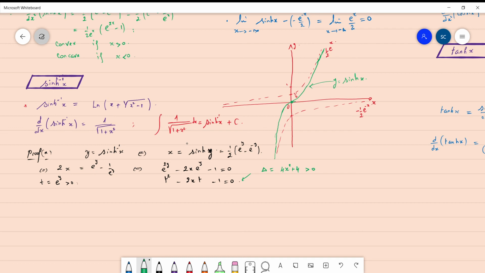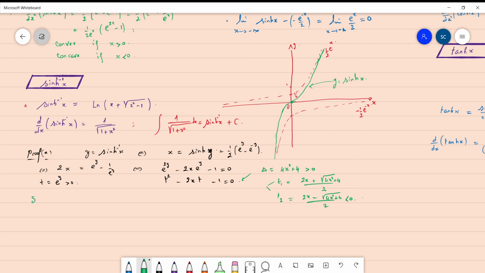So we have two roots. t1 equals 2x plus square root of 4x squared plus 4, over 2. And the second one, t2, is 2x minus square root of 4x squared plus 4, over 2, but this one is negative, so it's not the good one. So this is the good one.